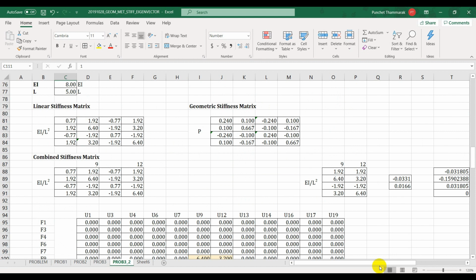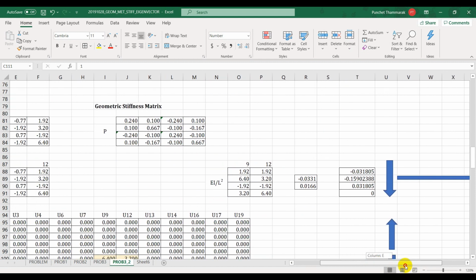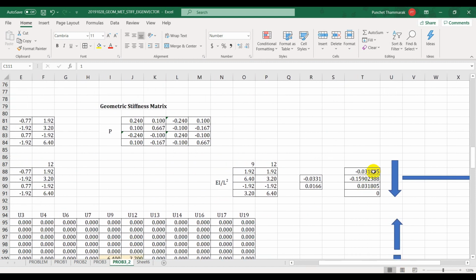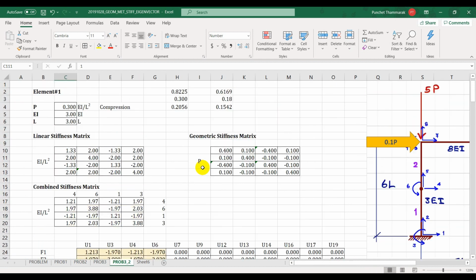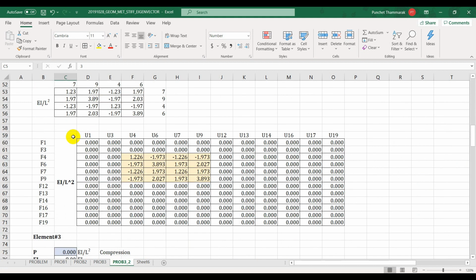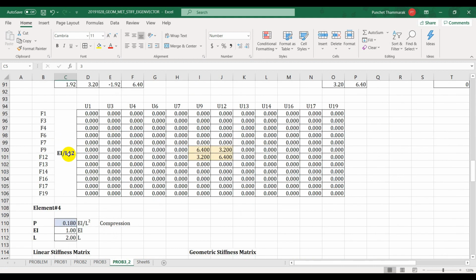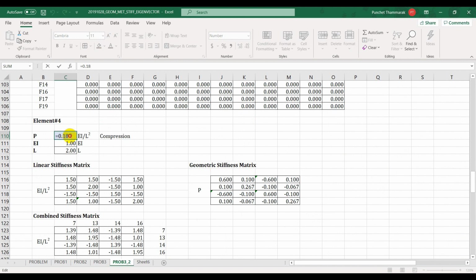Okay, and we will put the correction, which is 0.0318 minus 0.0318 minus 0.0318. Oh, this one is plus. Thank you.